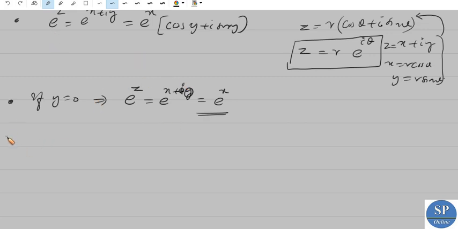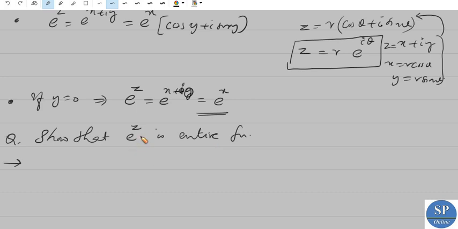So we can write the question as: show that the exponential function e^z is an entire function. That is, we have to show that e^z is analytic everywhere in the complex plane.